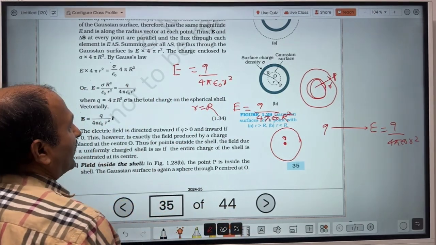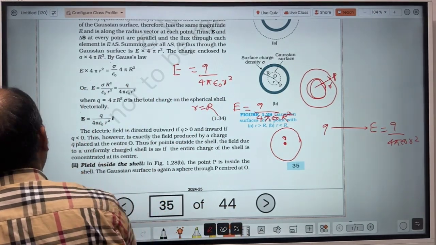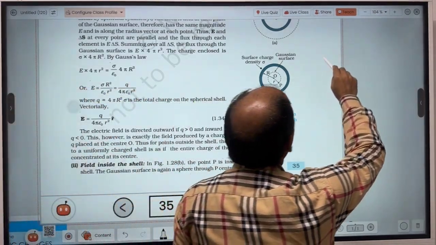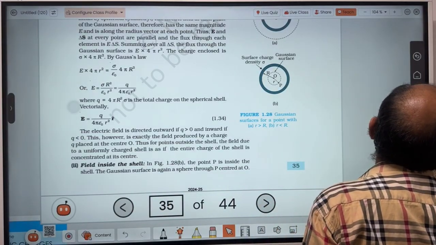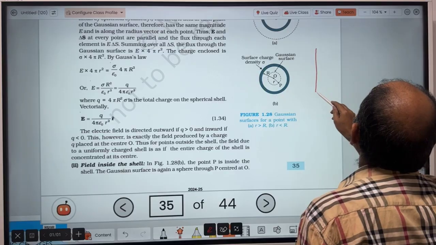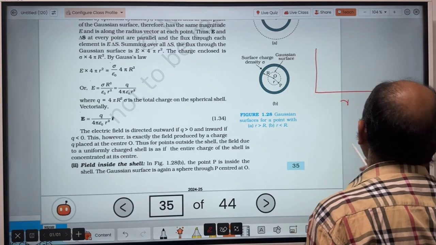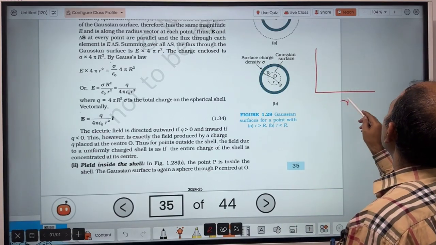So if we plot a graph between electric field and distance, what do we get? Distance varies in this direction.